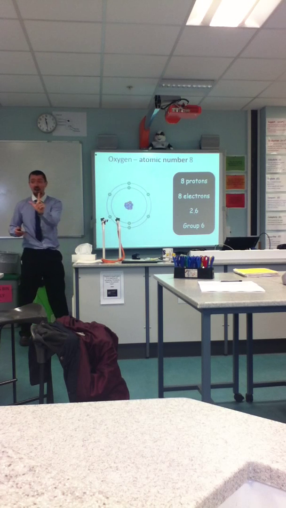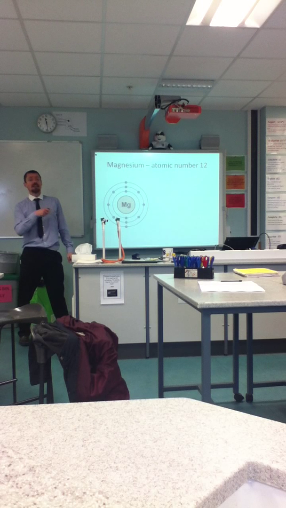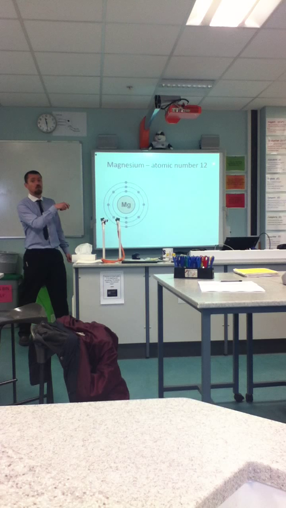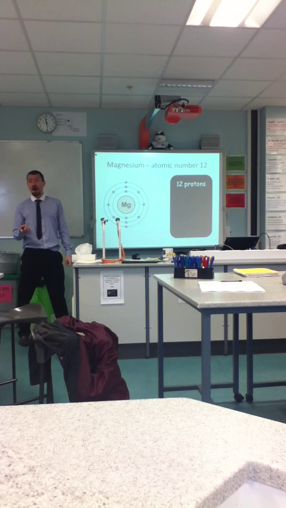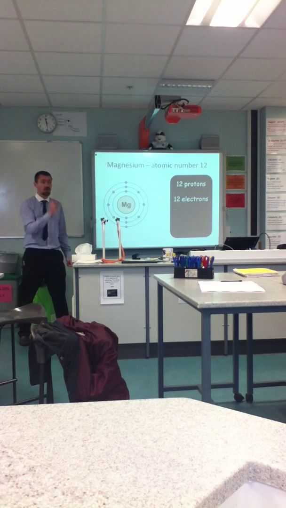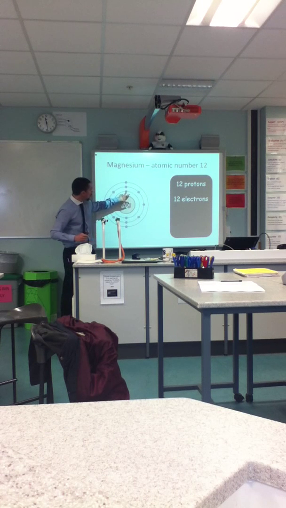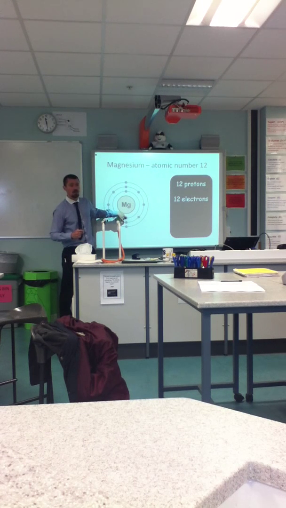Last one that I'm going to do for you, magnesium. And again, look in your periodic tables, it's got an atomic number of 12. This means it must have 12 protons, and therefore it must have 12 electrons because it is an atom, and therefore we fill the first energy shell with 2.